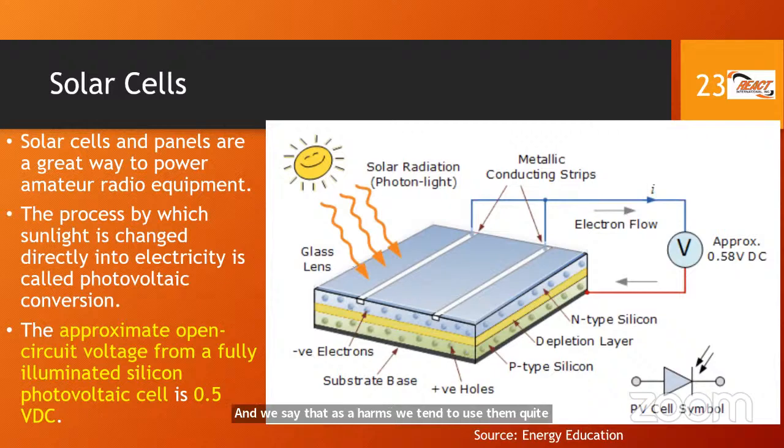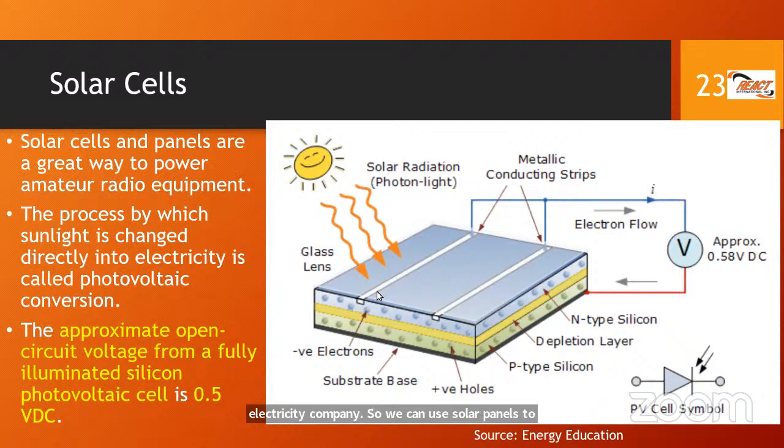If we are operating, let's say, in an urban area, we could use electricity, yes, but we can also go off grid. If we are in a rural area, we can also do this. Maybe we don't have a line supply coming from the electricity company. So we can use solar panels to power our amateur radio equipment, right?